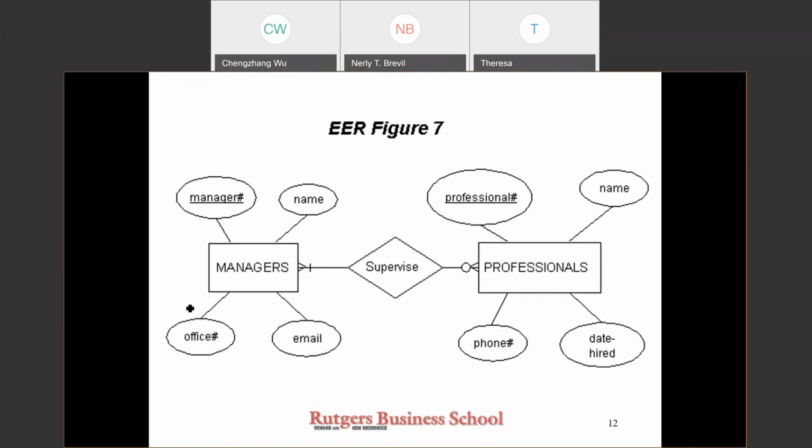Professionals have the professional number, which is the primary key, name, phone number, date hired, these four attributes. There are no attributes unique to the supervisor's relationship.